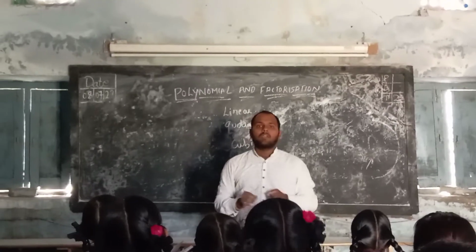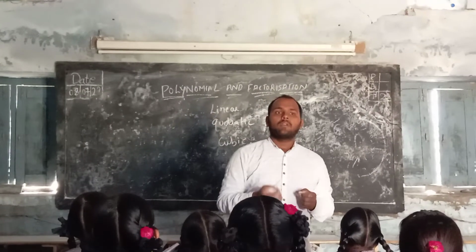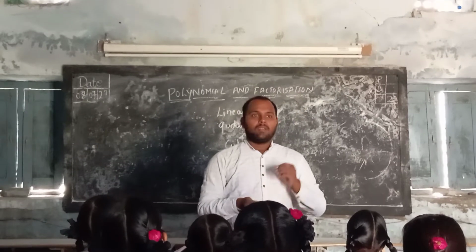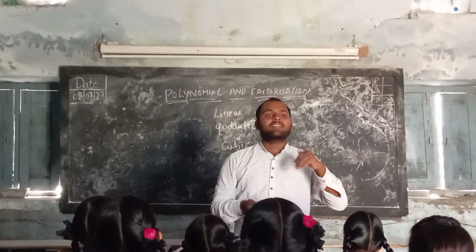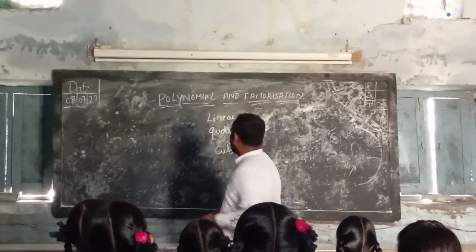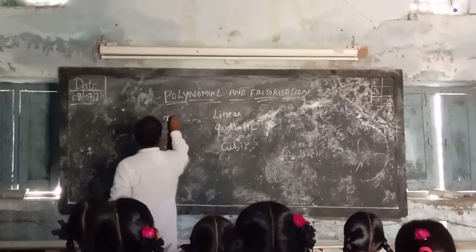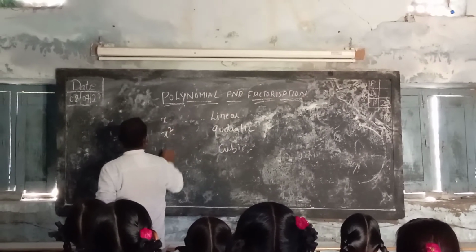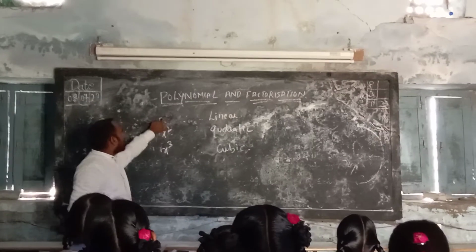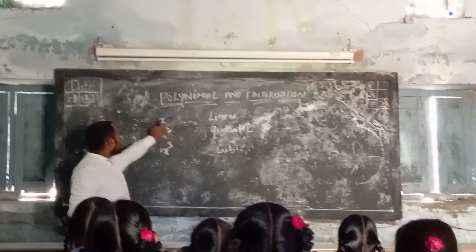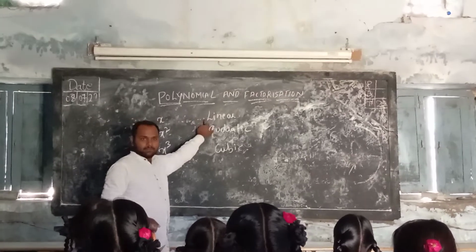The meaning is that for any variable, suppose x, x square, x cube: what is the power of x? 1. This is called linear.